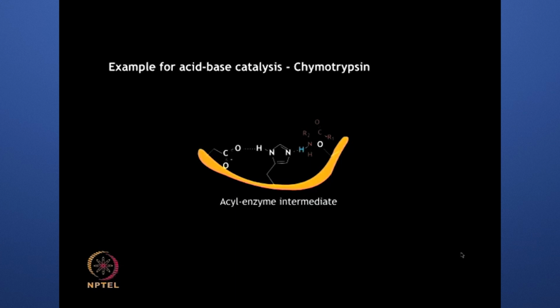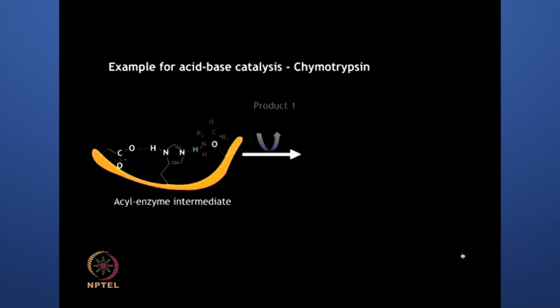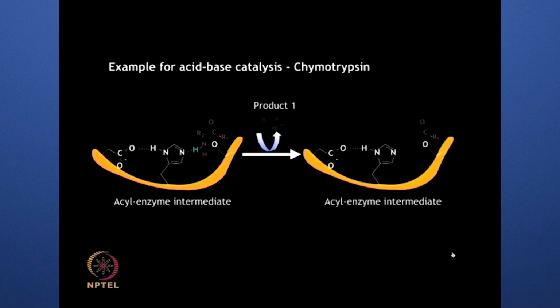An internal proton transfer then causes the tetrahedral intermediate to collapse and generate the acyl enzyme intermediate, after which the amine group is released from the active site.